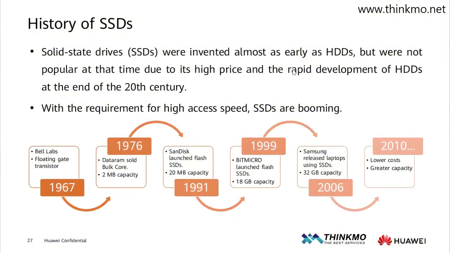So solid-state drives weren't really used that much from the 1990s to the early 21st century, until around 2011. As the cost continued to drop and the size kept increasing, they gradually re-entered the public's view. Actually, it had been around for quite a while, but it had a big problem: the capacity was too small. By 2006, the capacity was only 32 gigabytes at that time.